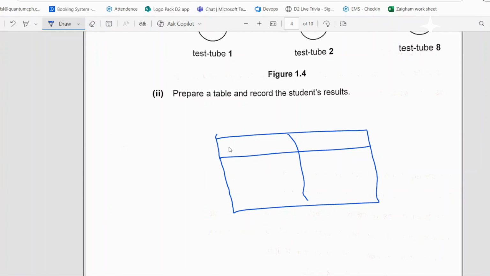So we'll make two columns. For the first one, we'll label it test tube 1, 2, and 8. For the second one, height of the foam and whatever unit you are going to use. You can use millimeter, you can use centimeter as well. I would recommend centimeter as they have taken the surface area in centimeter.